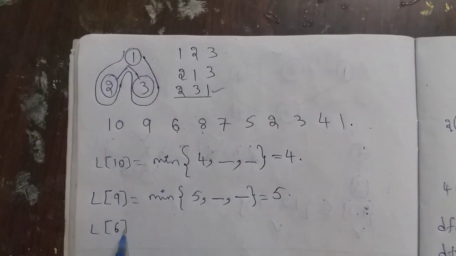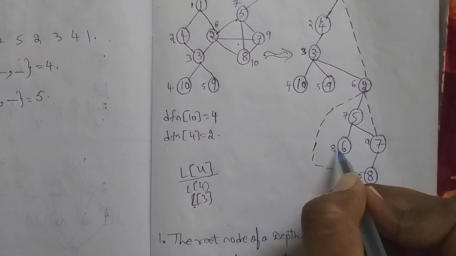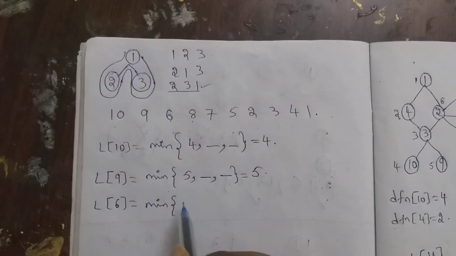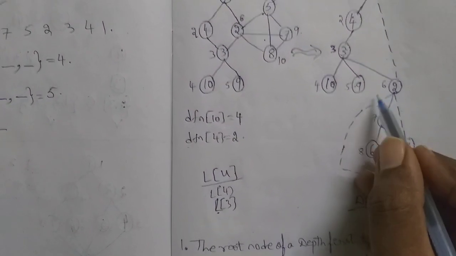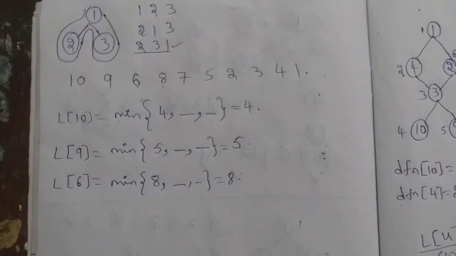L of 6 is equal to the minimum of depth first number of 6. What is the depth first number of 6? In the depth first traversal sequence, when 6 is visited, 8th. Comma. Does 6 have any children? No. Does vertex 6 have any back edges? No. Both are empty. It is equal to 8.